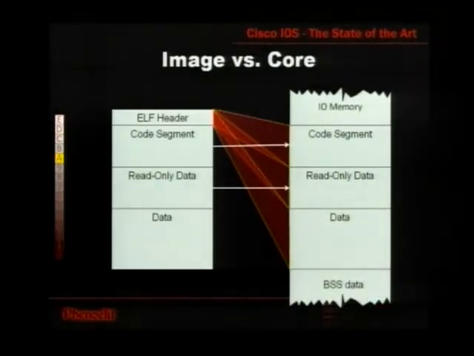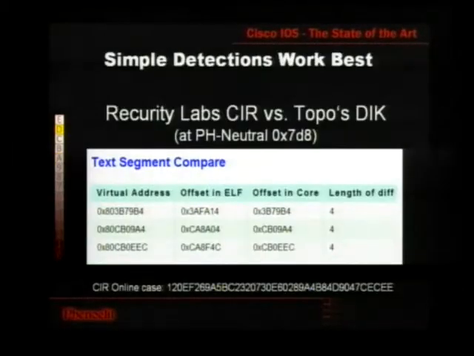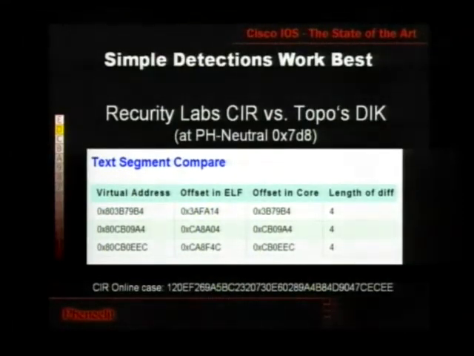So this is what we do. We take the header information and map it out on the core, and then we can directly compare code segment and read-only data, which allowed us to detect the first publicly disclosed rootkit. Topo from Core Security wrote an iOS rootkit, and he called it Dick.